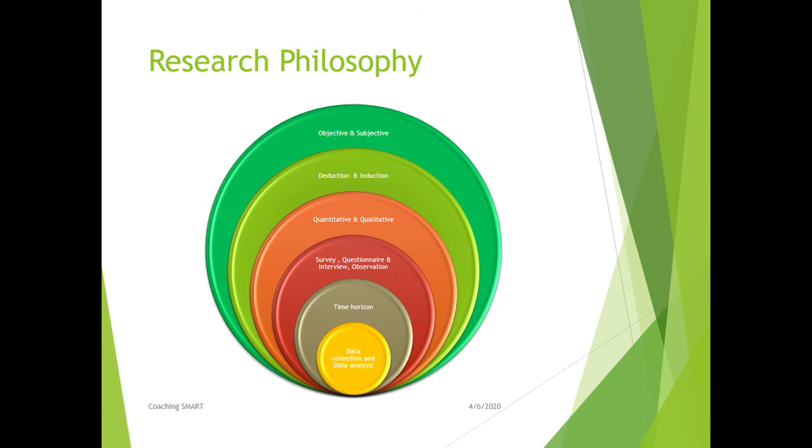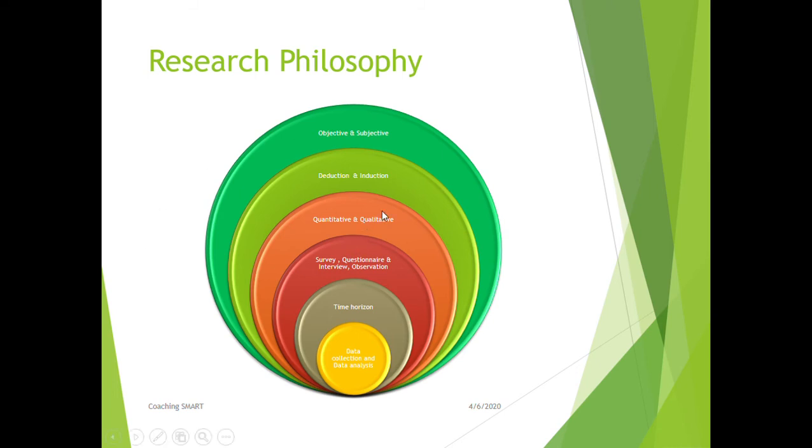Now once you identify the subjective or objective, then you come to approach. Now in our approach, we are either doing deduction or induction. Your reasoning. What is your reasoning? Is it induction or deduction? Deduction is top down. Induction is bottom up.